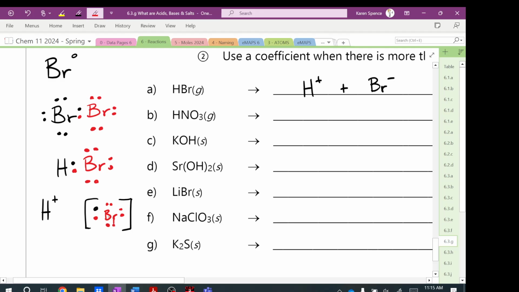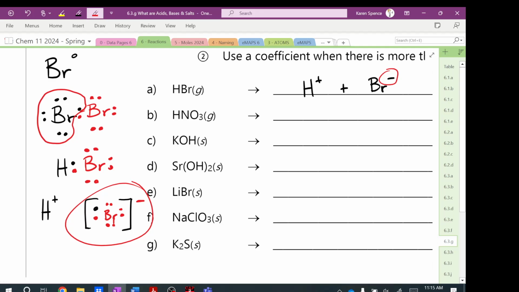Because it has that extra electron that gives it that negative charge, its shell is full and it is stable. So when you have Br minus, it's already stable. When you have Br neutral, it's not stable unless it has a little partner to fill its shell. Does that make sense? Okay, so when we have ions, ions don't follow the diatomic rule. Ions are not diatomic unless it's Hg2, which is on your list of polyatomic ions.